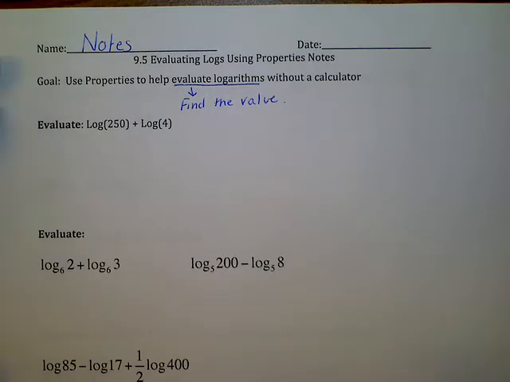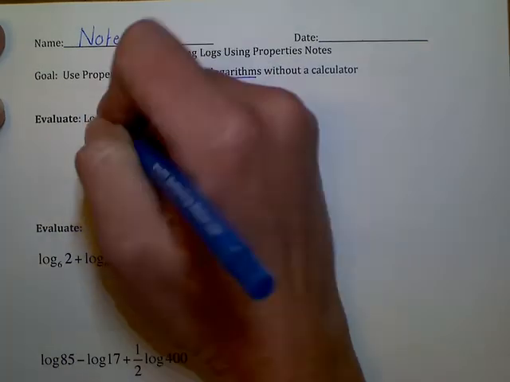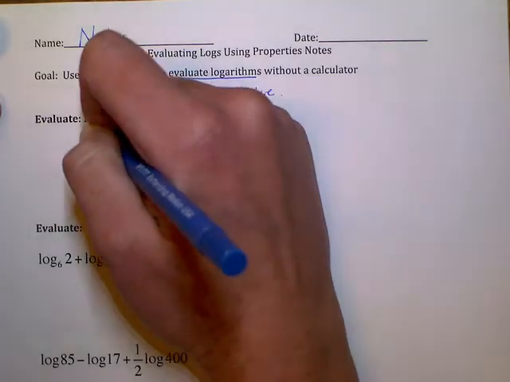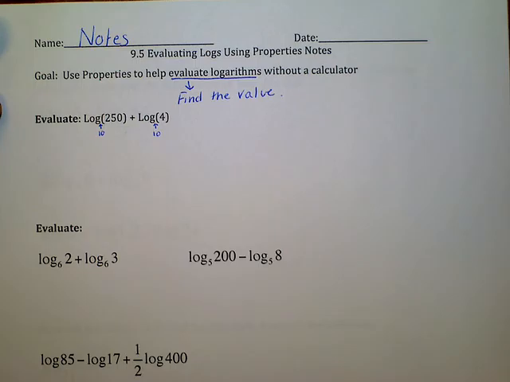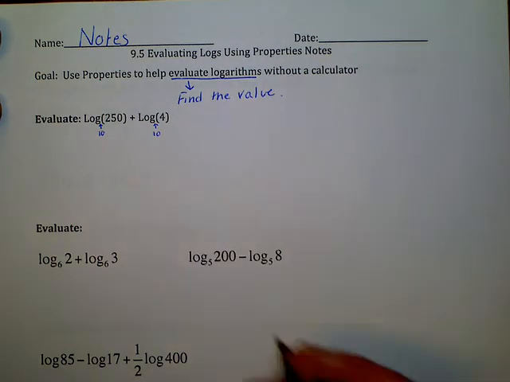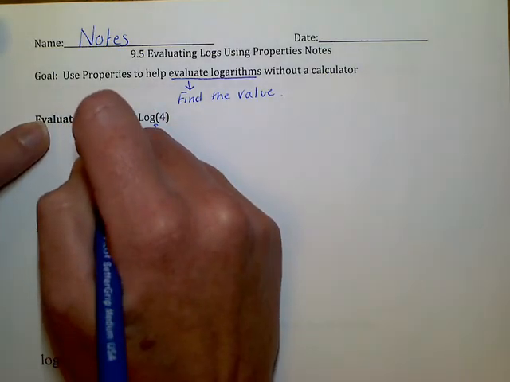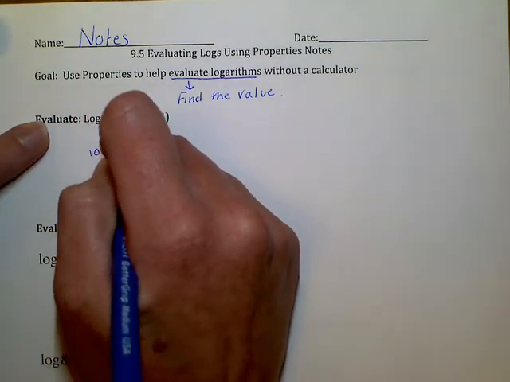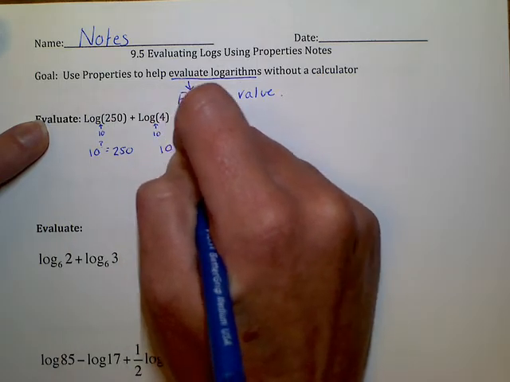So if you look at the first one here, first of all, if you don't see the little 10 there, it's implied to be 10, so there is technically a base of 10 on each of those logs. And we know that we would normally ask ourselves the question, 10 to the what equals 250 for that first log, and then 10 to the what equals 4 for the second.